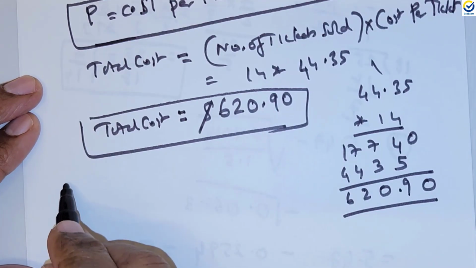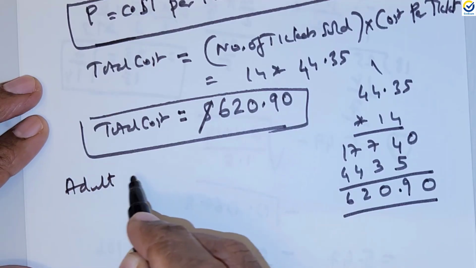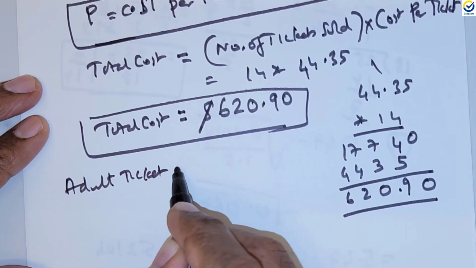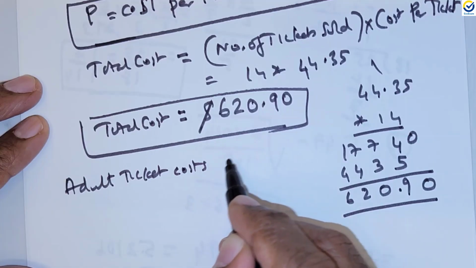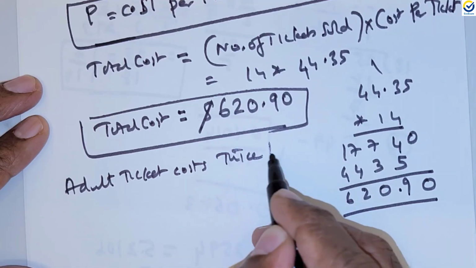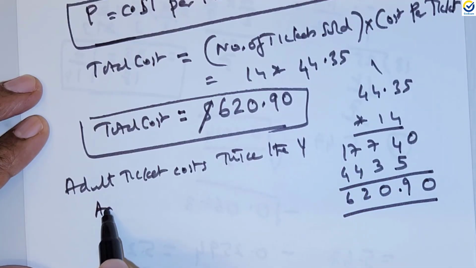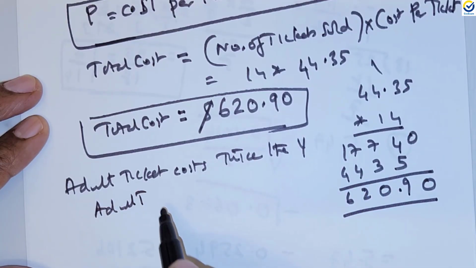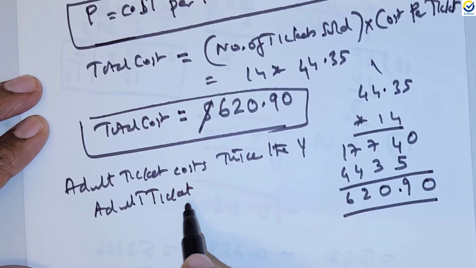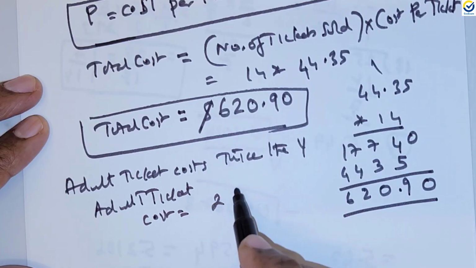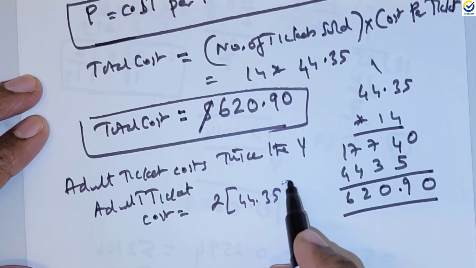Now for the next question, we are given that the adult ticket costs twice the youth ticket. So this means adult ticket cost is equal to 2 times 44.35.